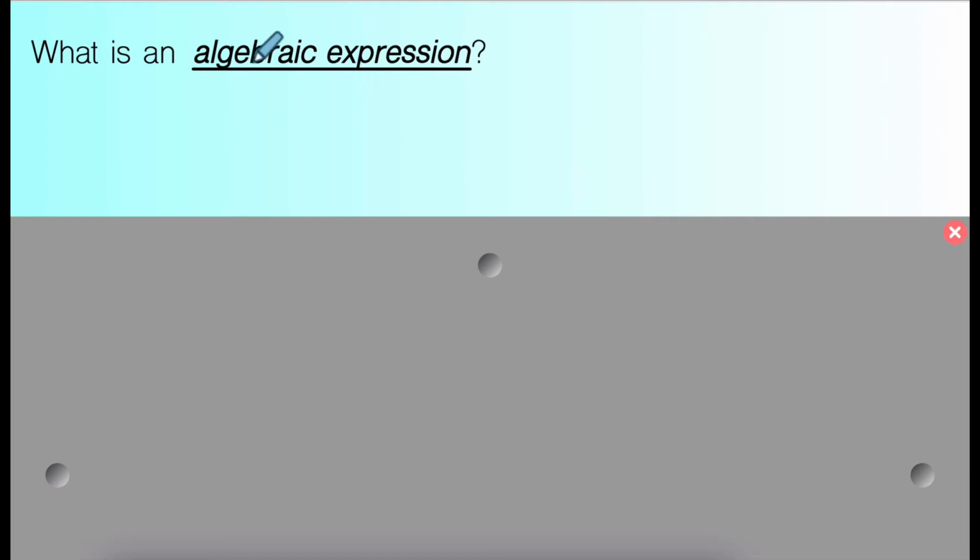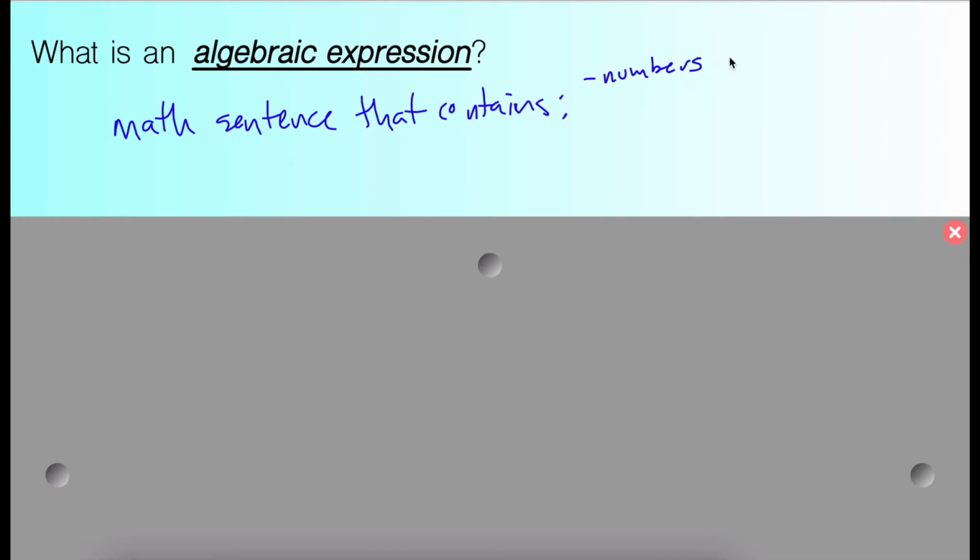So the first thing that we talked about in this lesson is what exactly is an algebraic expression? What does that even mean? So an algebraic expression, if I were to give you a loose definition, is a math sentence that contains three things. And we need, in our math sentences, numbers, obviously, something to work with.